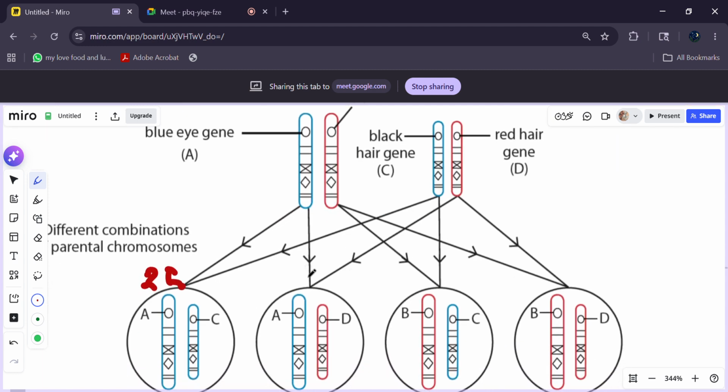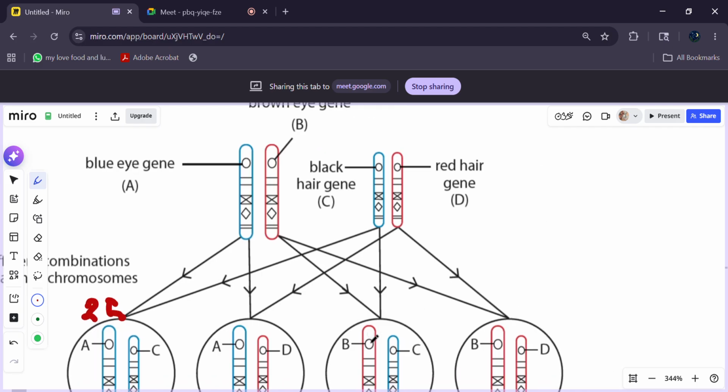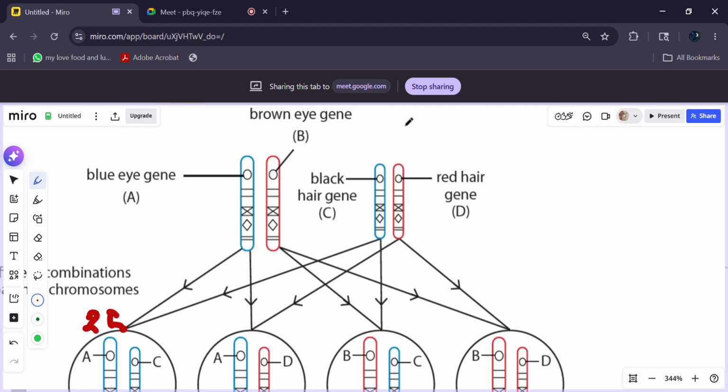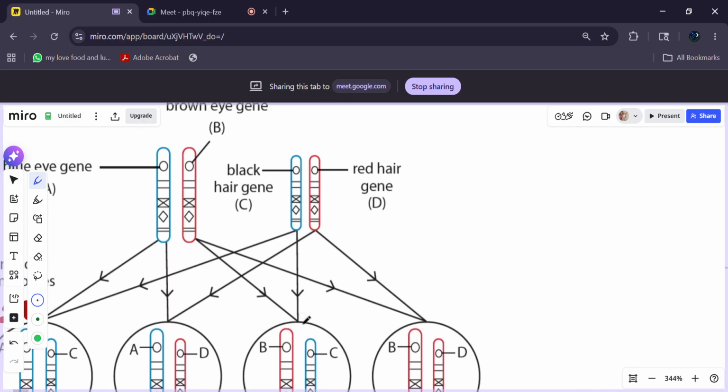There's a 25% chance that the child will have blue eyes and red hair. There's another 25% chance that the child will have brown eyes and black hair. And there's a 25% chance that you have brown eyes and red hair.